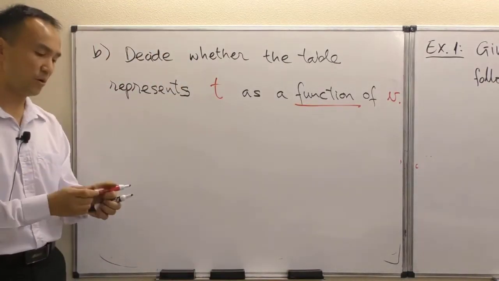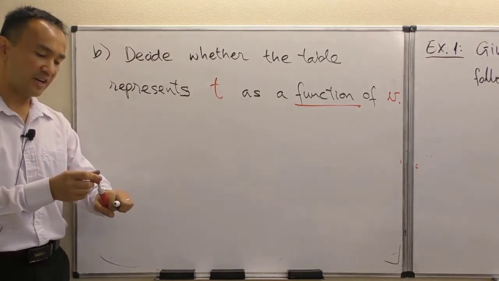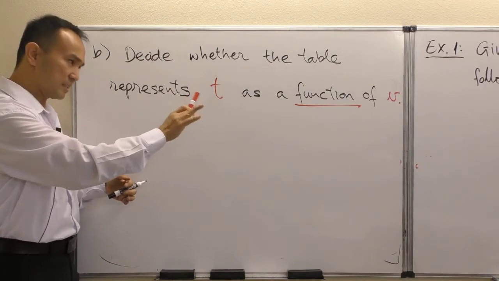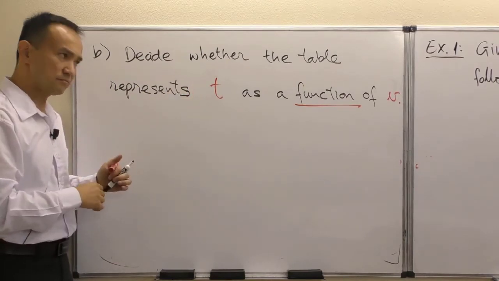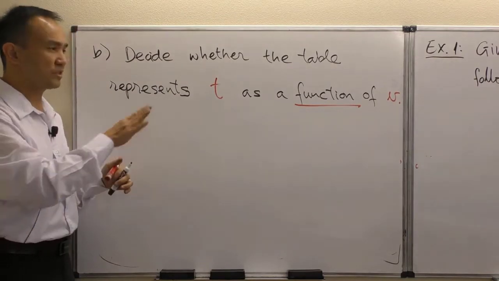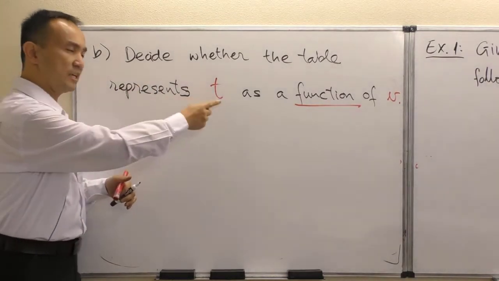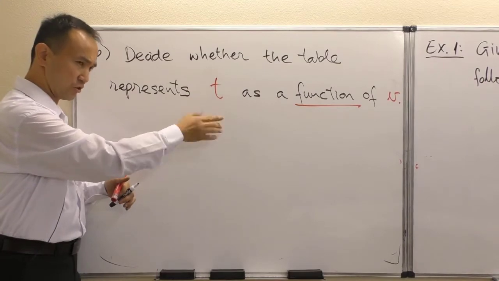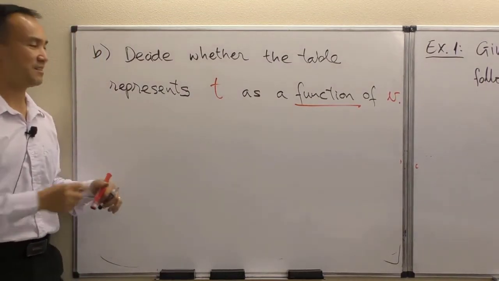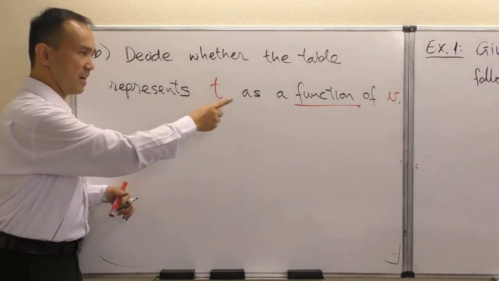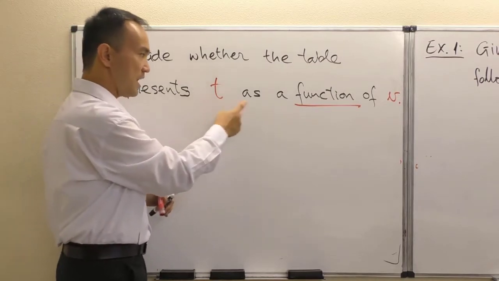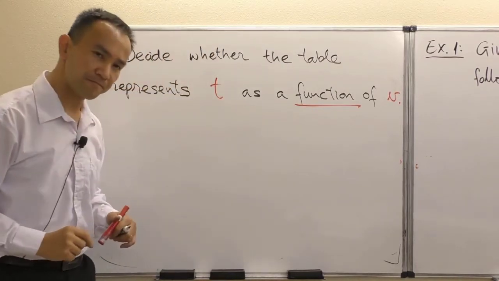Formally speaking, the wording of the question says, decide whether the table, that table you've seen on the other side of my board, that same table, we didn't go anywhere away from that yet, represents t as a function of v. So this time the two variables switch roles. Can t be a function of v right there?